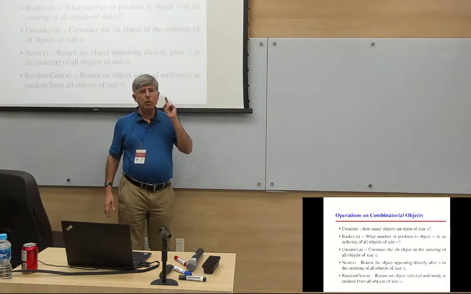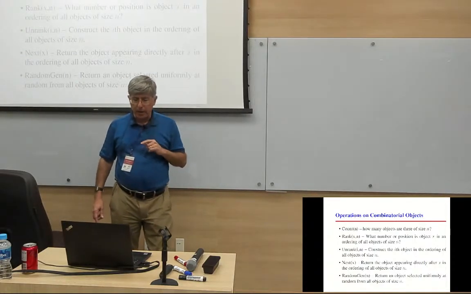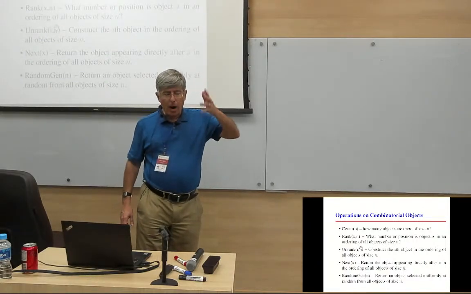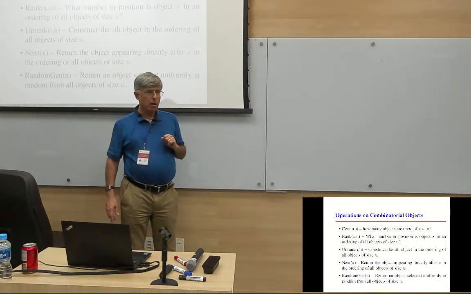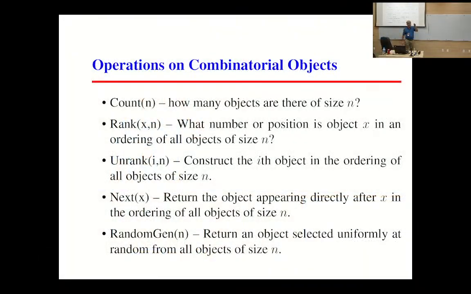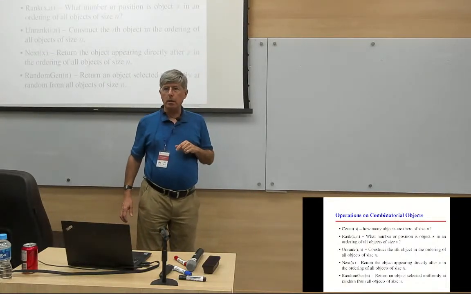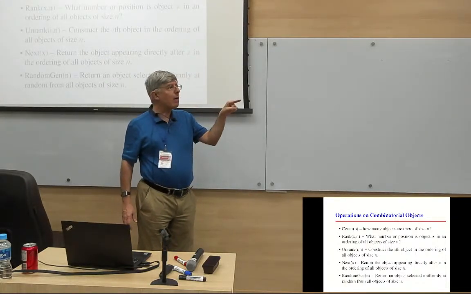So let me go back to that again, and say it in math. Rank says, if I have these objects in an order, rank tells me the position of this object in that order. Unrank says, if I give you a number, tell me what object is at that position. Any questions about rank and unrank?